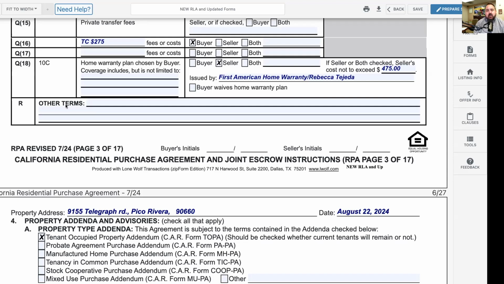Other things that might go in other terms: the fact that you have to disclose that you're related to the buyer, the fact that you yourself may be the buyer, that the entity that is purchasing the property, that you're representing, that you are an officer of that corporation, that you have a stake in that corporation.